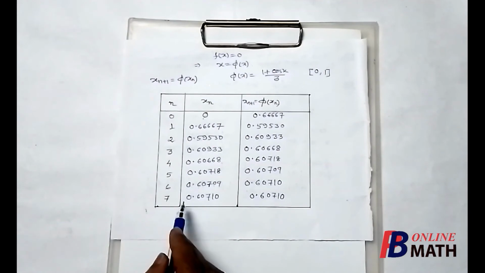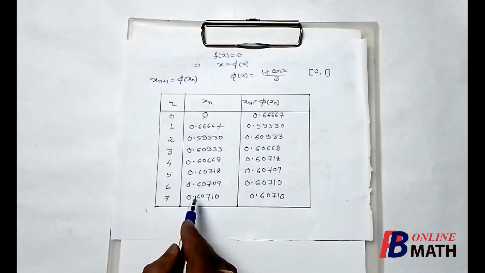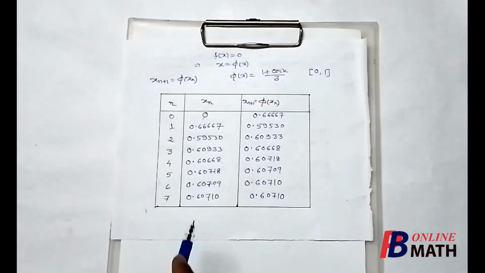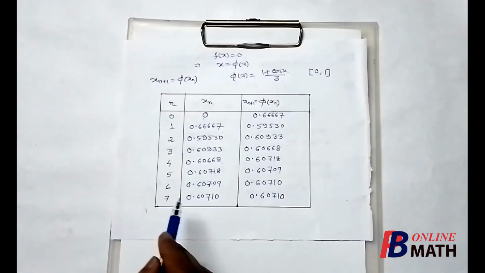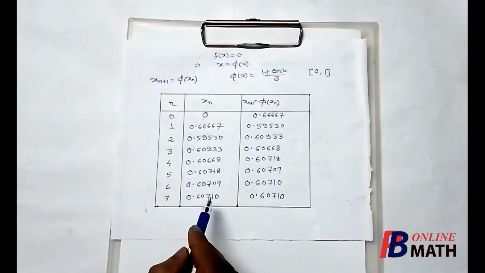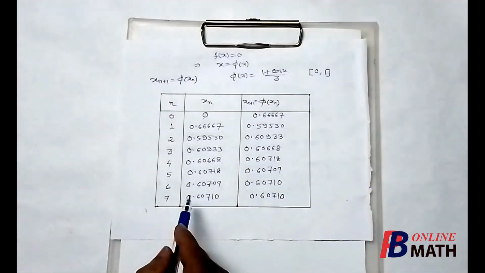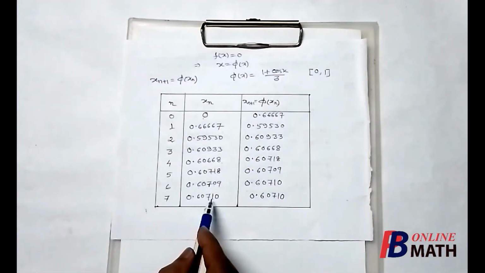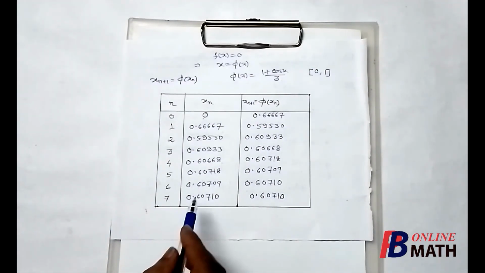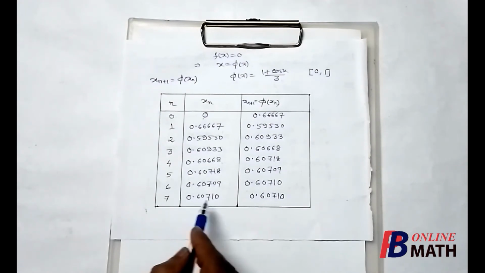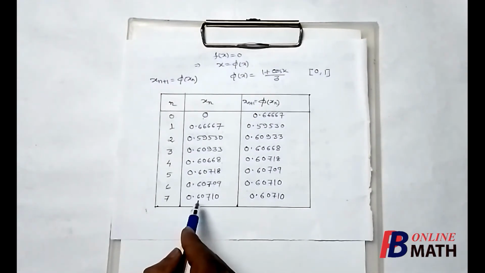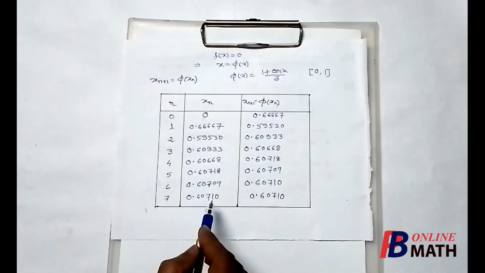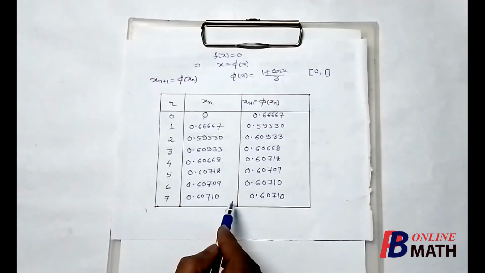Now consider this value at the 7th step. For this value again, if we round it to 4 decimal places, 0.60710 becomes 0.6071, because the 5th figure is 0, which is less than 5.